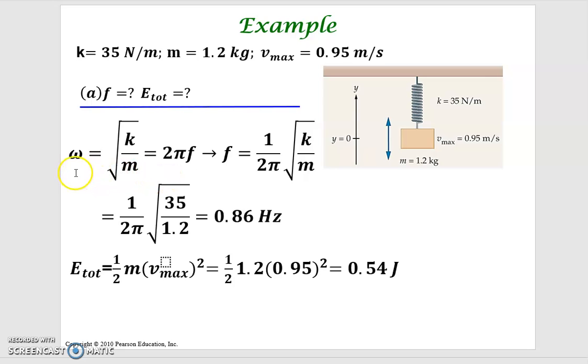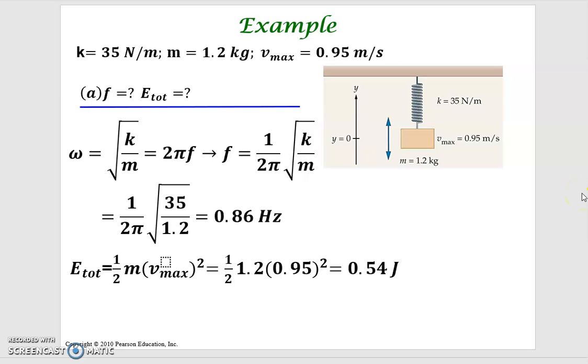And I also have to teach you that this omega can be related to the spring constant divided by the mass and take the square root of that. So from this relation, you can calculate that the frequency of this simple harmonic oscillator is this term. So k is given, the mass is given, so you can calculate the frequency for these simple harmonic oscillators.